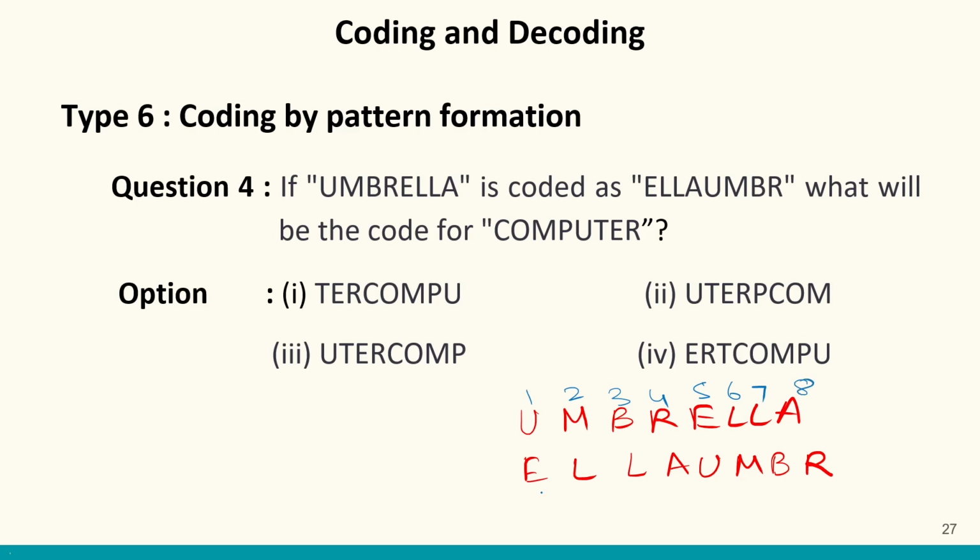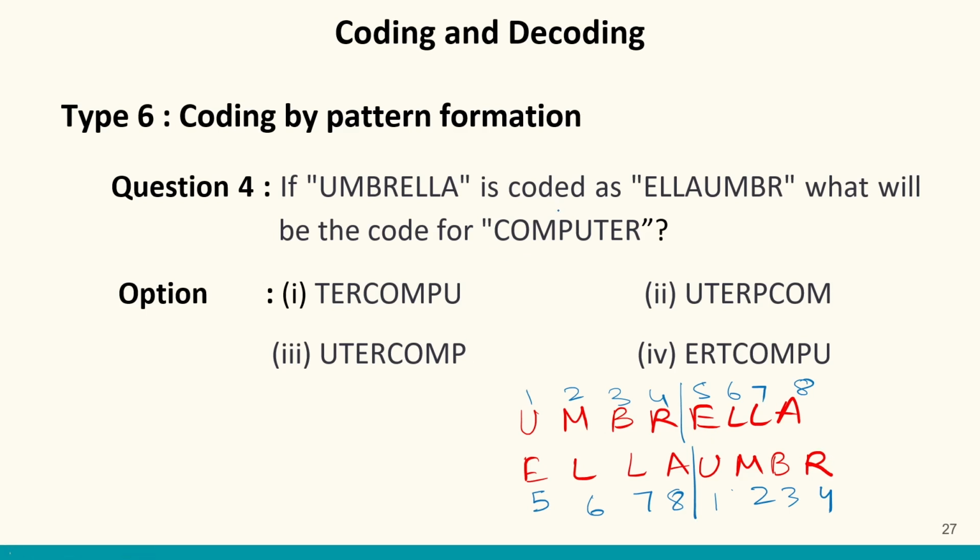Over here, E is 5, L is 6, 7, 8. And over here, I have seen 1, 2, 3, and 4. So now the pattern is very clear to me. The last 4 letters are written first and the first 4 letters are written last.